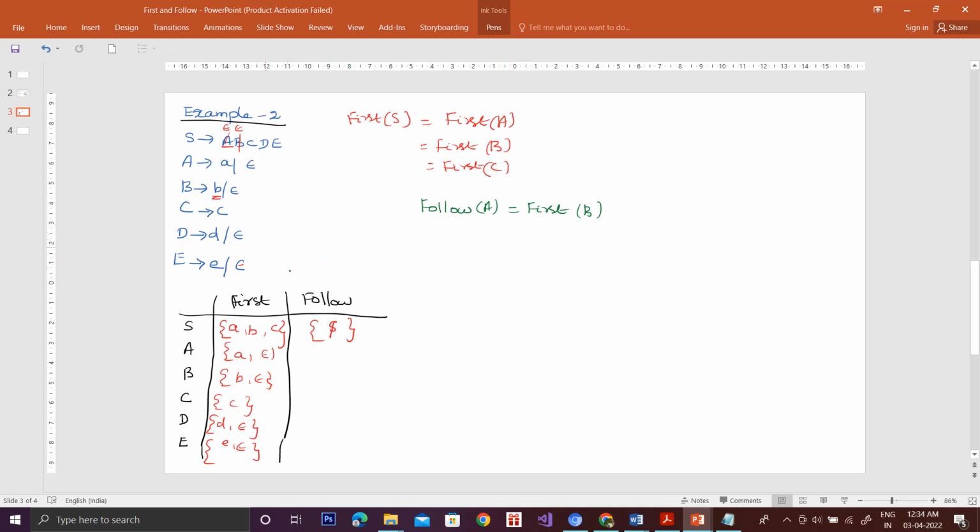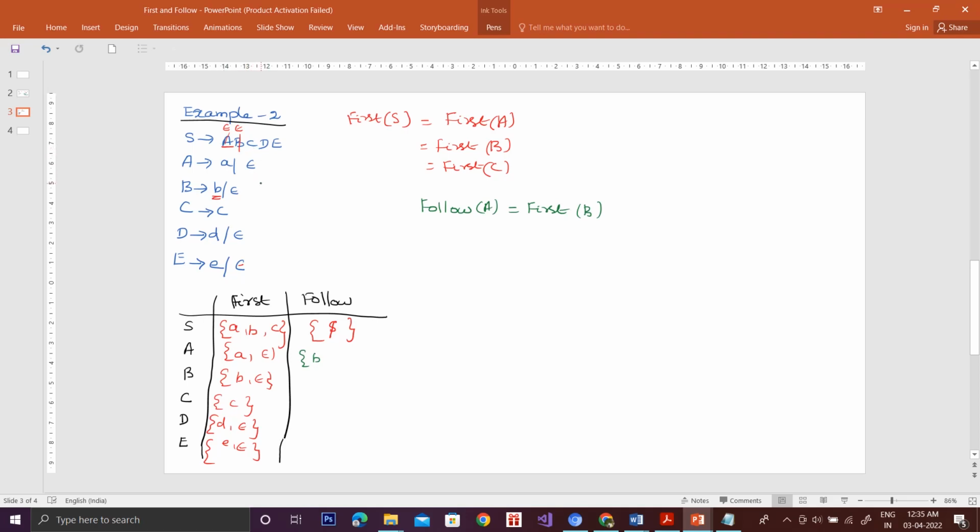First of B is small b, and here actually we have epsilon as well. So when you apply epsilon, now follow of A becomes C.